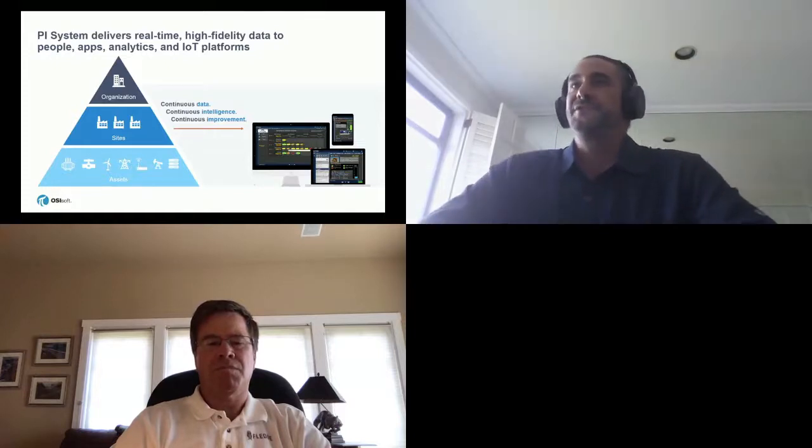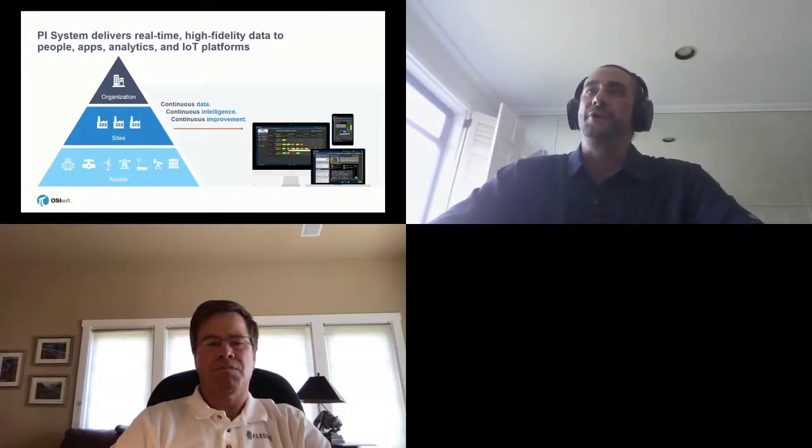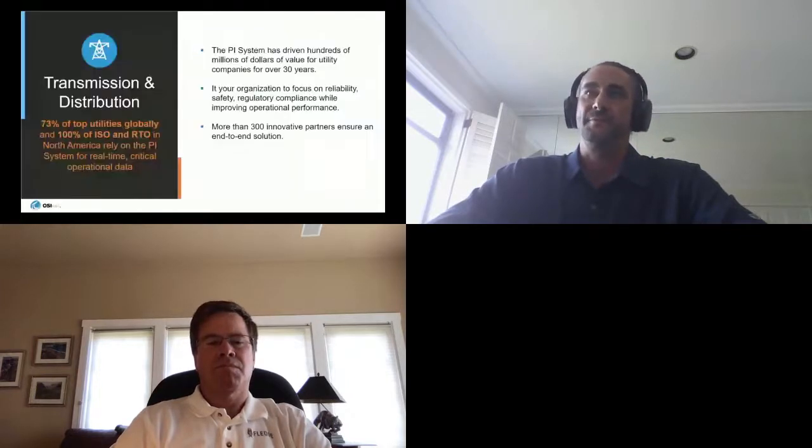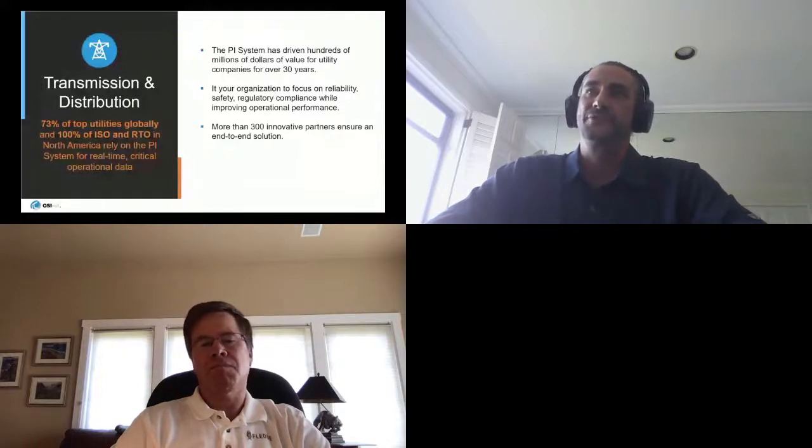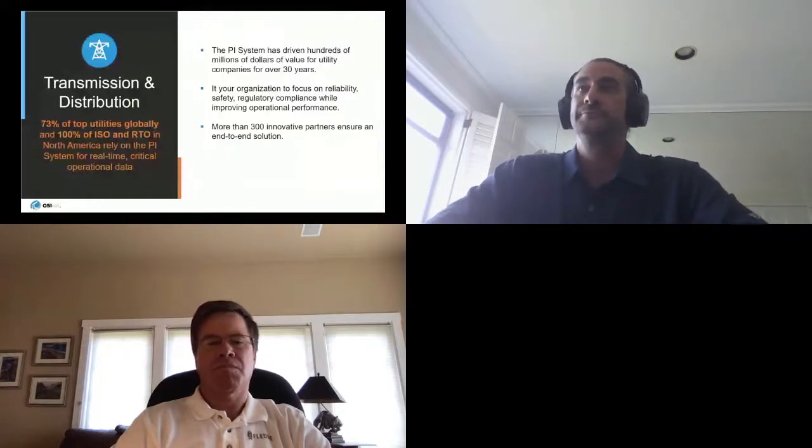The PI system is used in the power industry by over 1,000 power utilities globally. 100% of all of the independent system operators and regional transmission organizations in North America, 100% of the 20 largest utilities in North America, and 73% of the top utility companies globally. We also have a strong presence within the reliability security coordinators and transmission system operators in Europe, where we continue to grow.